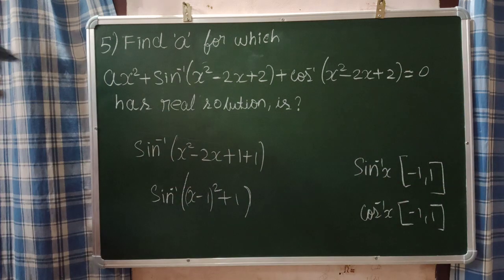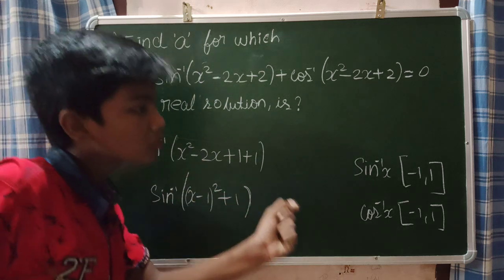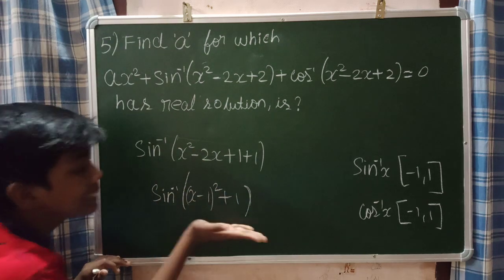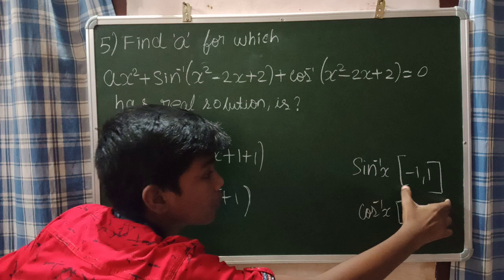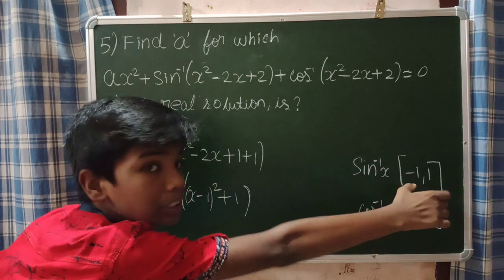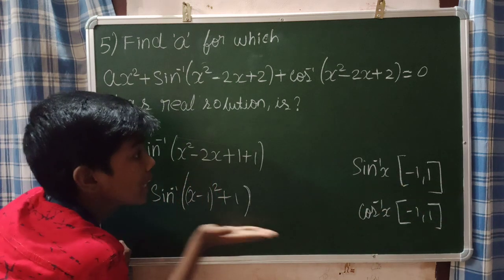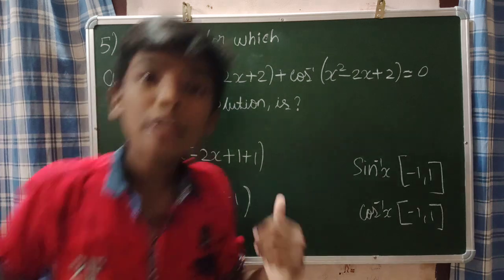They are inverse functions. So the domain is the same for both. If the domain of sin inverse of x is minus 1 to 1, this inside value should lie between minus 1 to 1, because that is what we mean by domain, right?